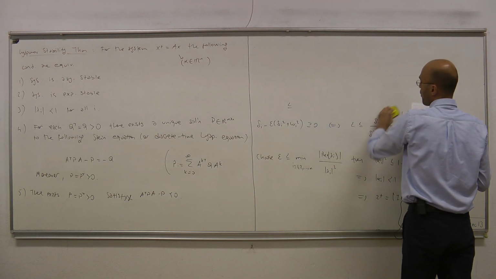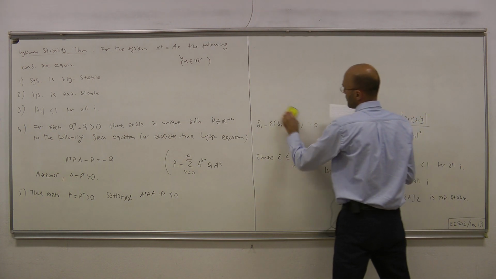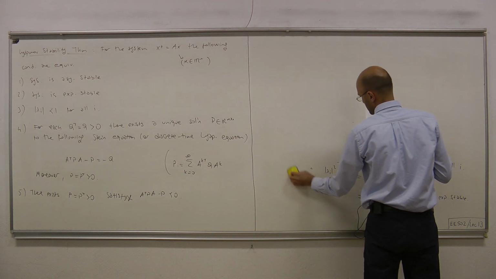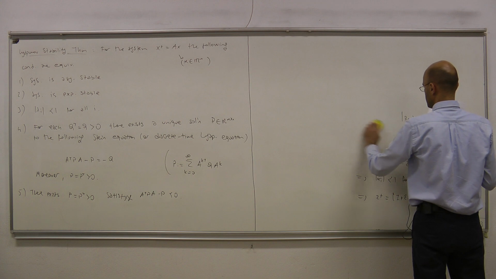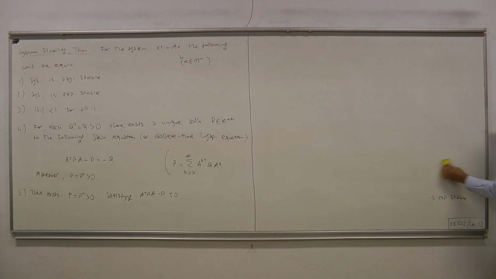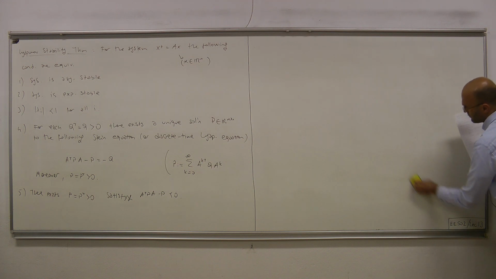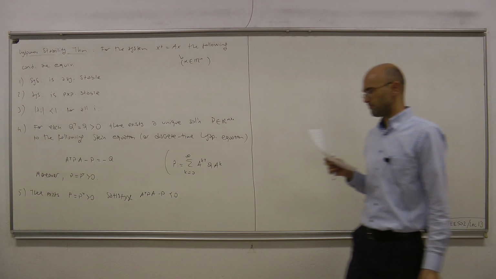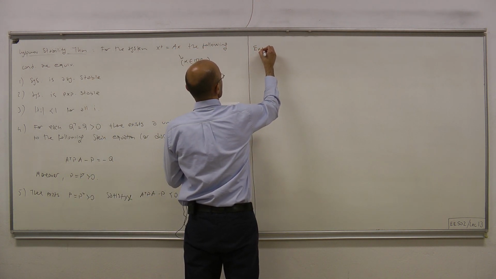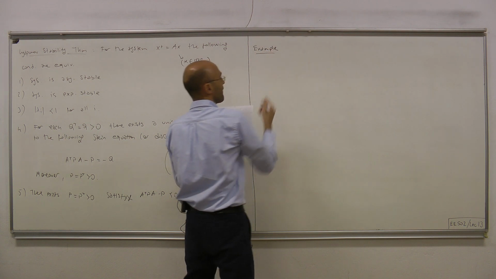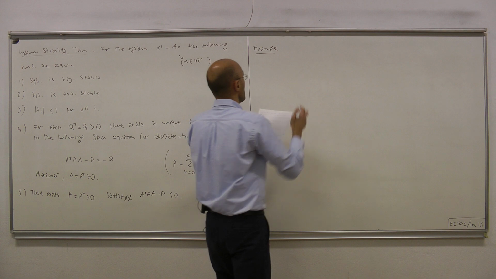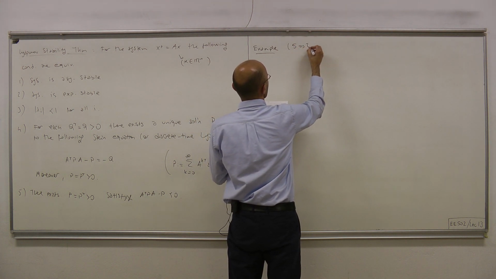Namely, we will show that 5 implies 2. This is our next example, which is basically part of the proof. Let's show that 5 implies 2.